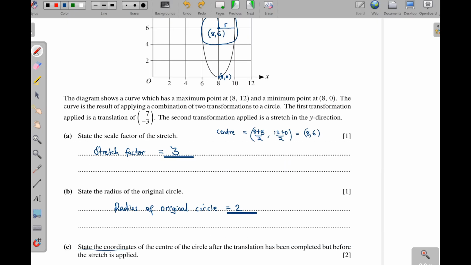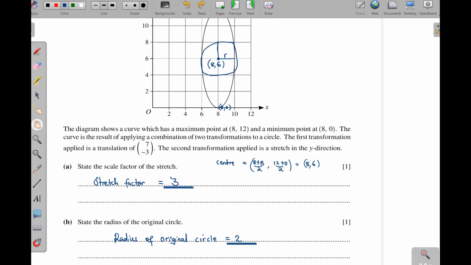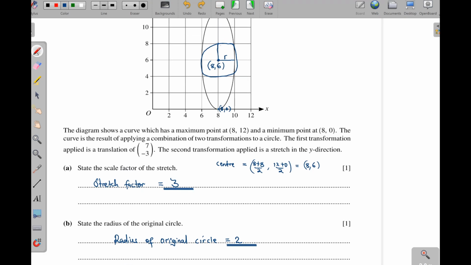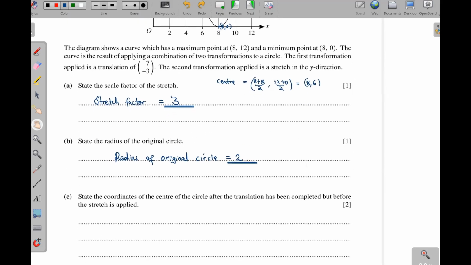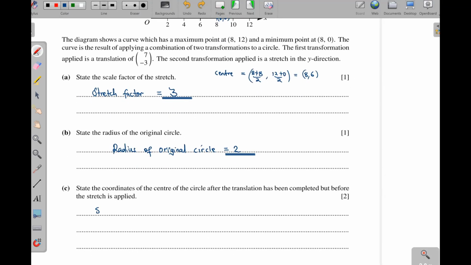But C, state the coordinates of the center of the circle after the translation has been completed but before the stretch is applied. Now we have seen here that the center after the stretch is 8, 6. This 8, 6 corresponds to 8, but the y coordinate, remember, the 6 came after they had stretched by factor 3.